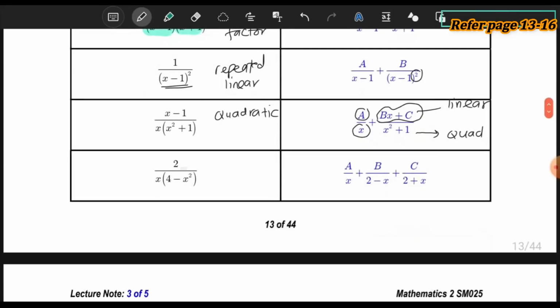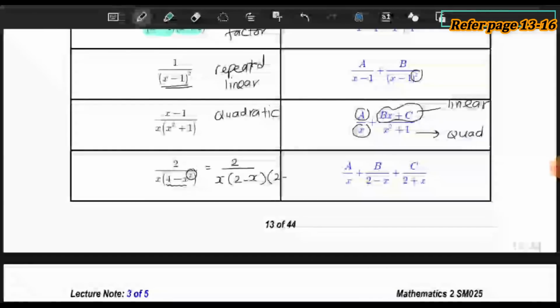Next, 2 over x times 4 minus x squared. At first, for this factor, this is a quadratic factor, but we need to factorize. We have 2 over x times 2 minus x, 2 plus x.